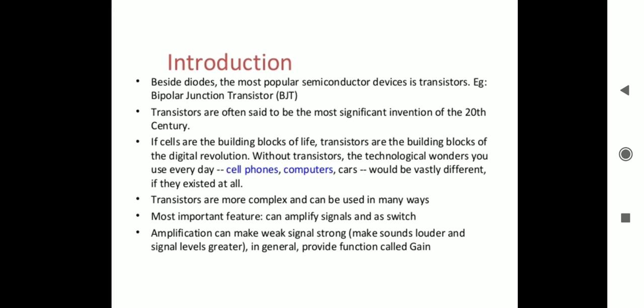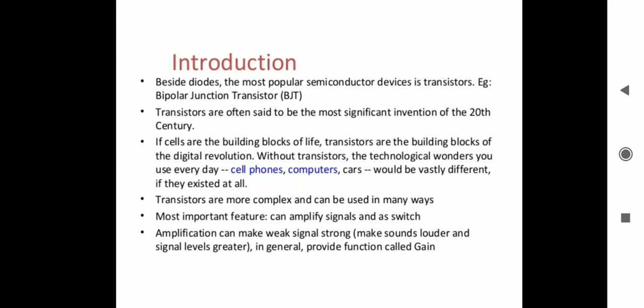It is easy to replace the transistor as compared with vacuum tubes, and also the cost is very much less, along with the small size and weight. So these are the main advantages of the transistor.